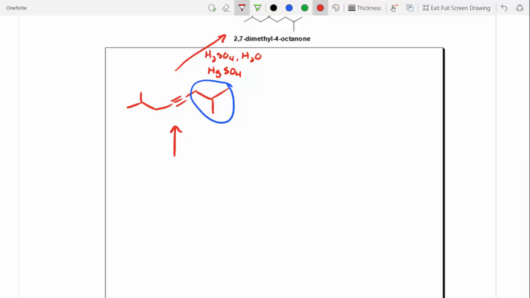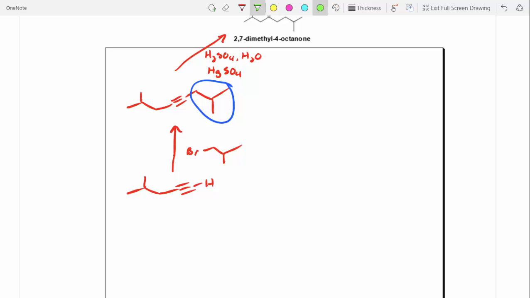an alkyne. So let's do this. We're going to have this terminal alkyne, and we're going to treat it with an electrophile that has a leaving group off of it. And is that all I need? We need a base first, right?